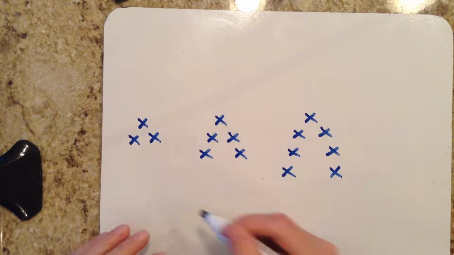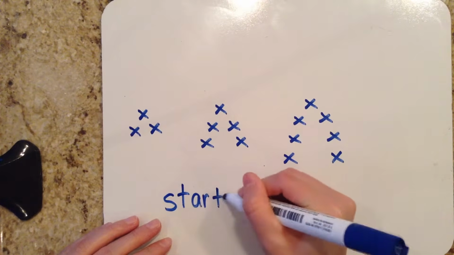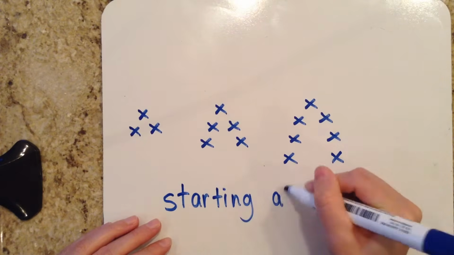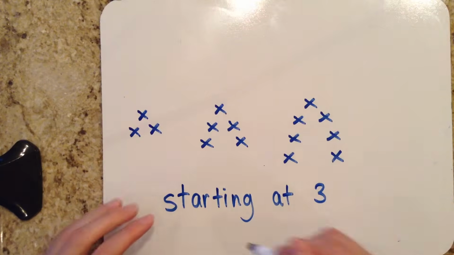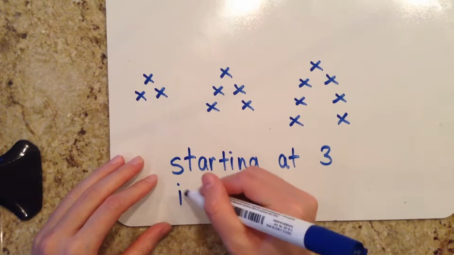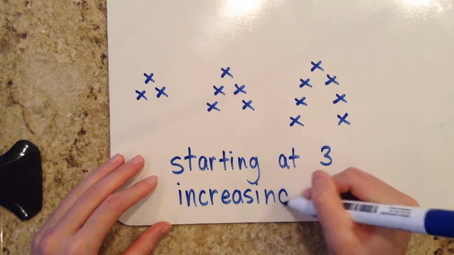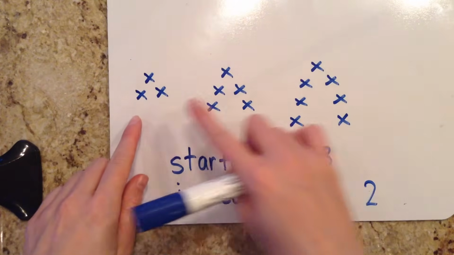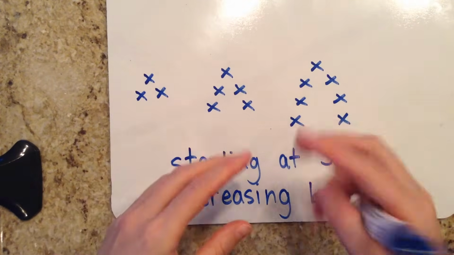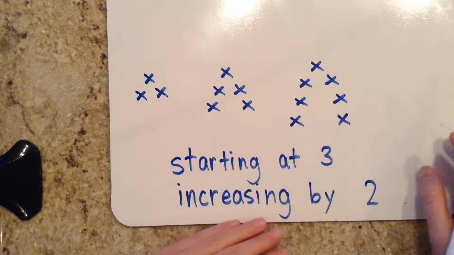To write this pattern rule, you would say starting at 3, because that's the number I started with, and then you would say increasing, which means growing, increasing by 2. That means every time you get to the next term, you grow 2 bigger. You increase by 2 every step of the way.